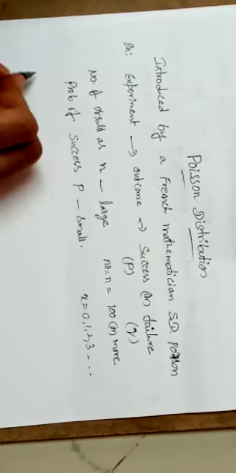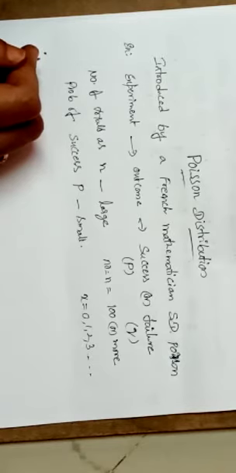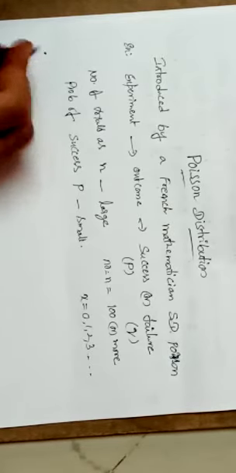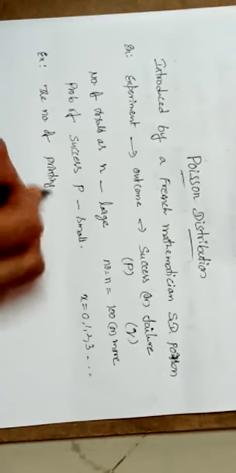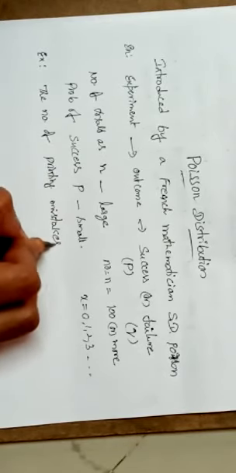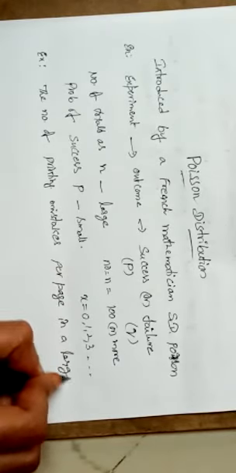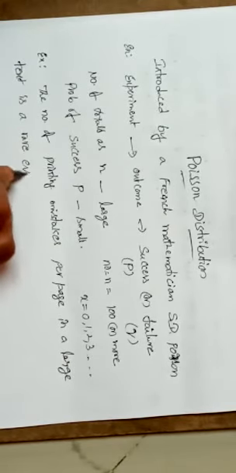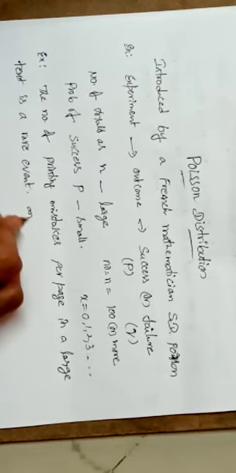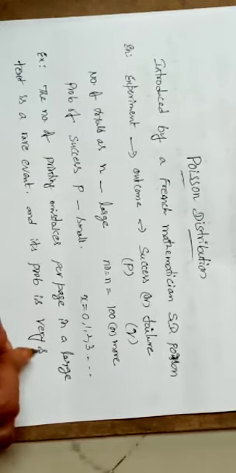Next, coming to the distribution of rare events. For this you can take one example, that is the number of printing mistakes per page in a large text is a rare event, and its probability is very small.